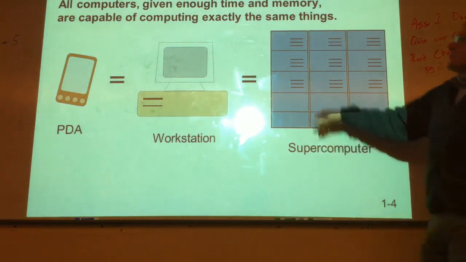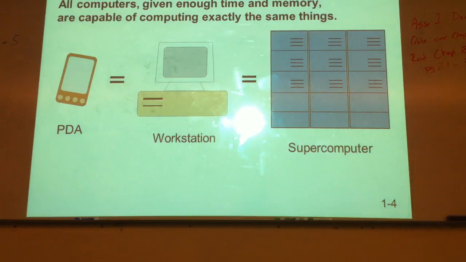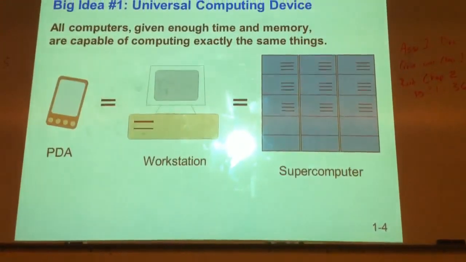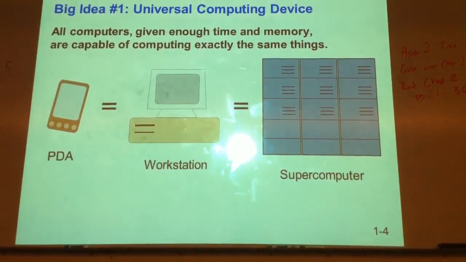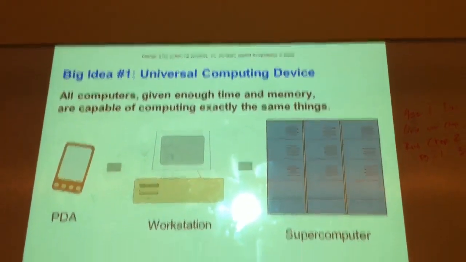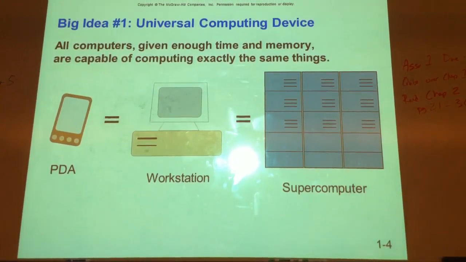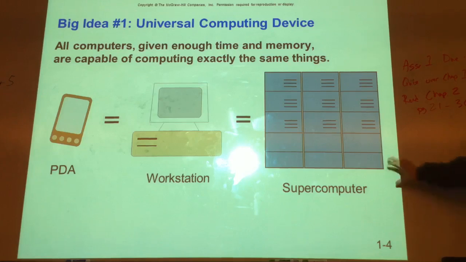So long as we have enough memory and time, any computer can compute the same problem, as long as the hardware is designed to do that arithmetic, which most can: addition, subtraction, and moving data. That's basically all we need a computer to do: arithmetic, logic, and move data. All computers do that.